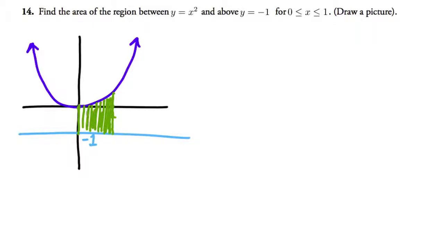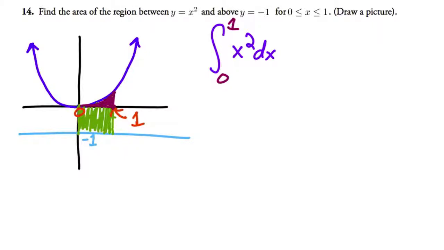Okay, so what would our strategy be in this case? Well, let me put in a couple of the numbers. Right there, that's equal to the number 1, and that's 0. We can find the area underneath x squared, and that's going to give us this chunk right here from 0 to 1.